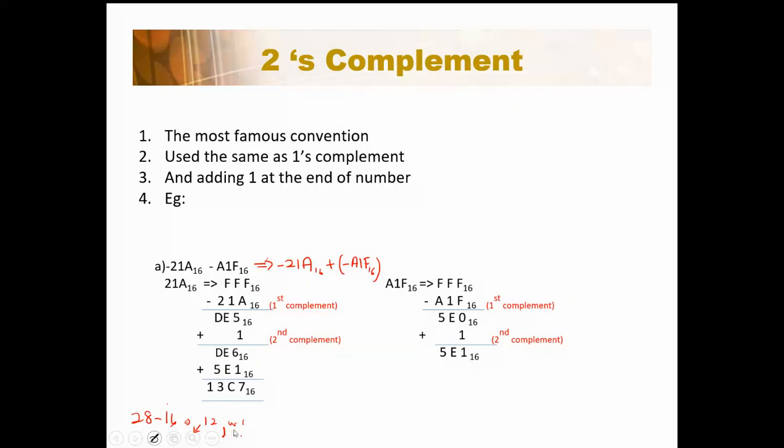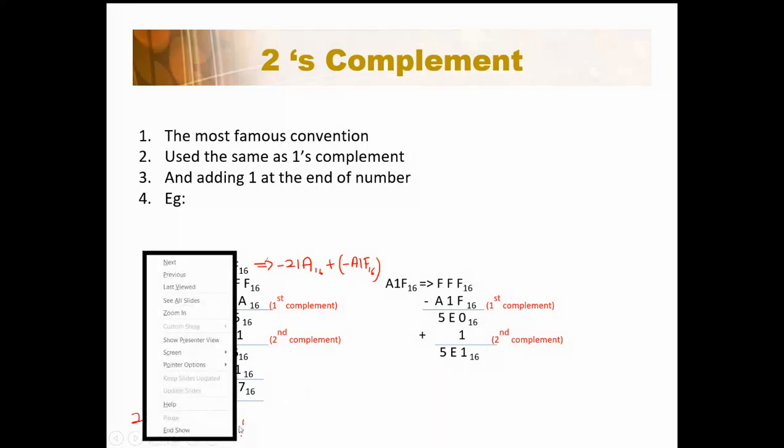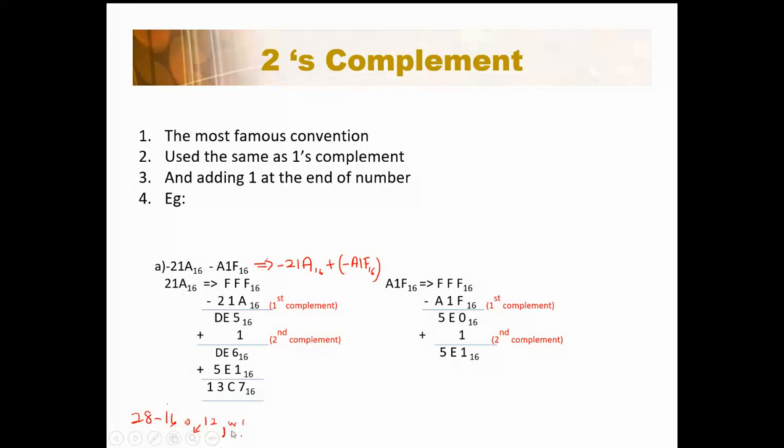Okay, so the C we got here, and the 1 will be a carry here.